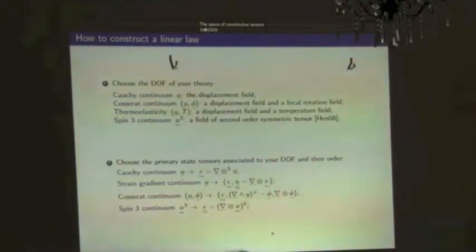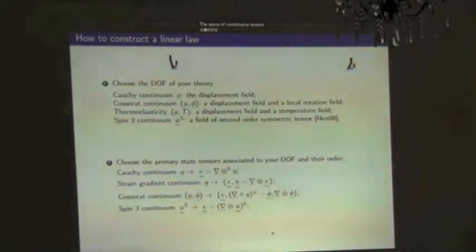For the second level, there are two ways of considering it. You should choose some primary tensors. I see things by kinematics; people may construct their theory using a statics approach, but I'm much more in kinematics.